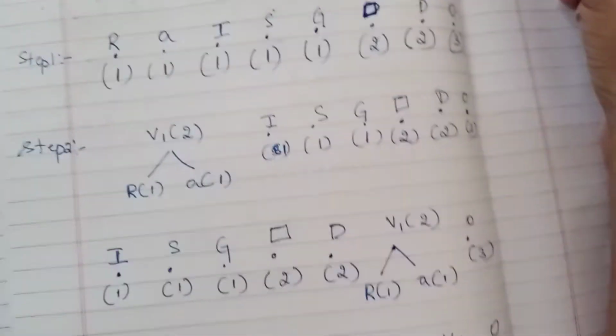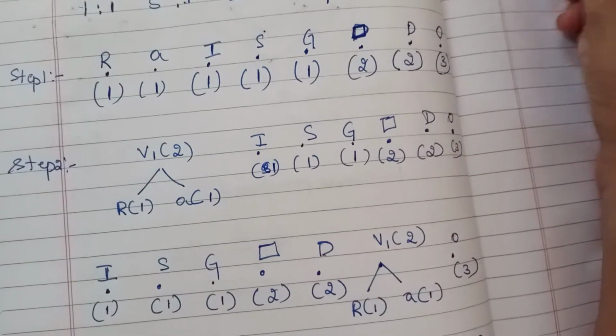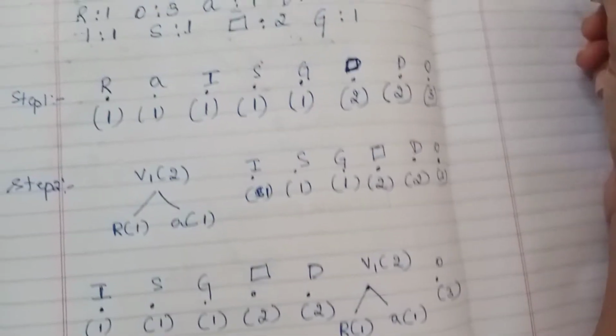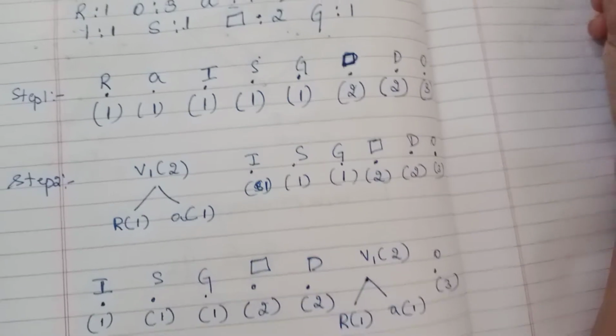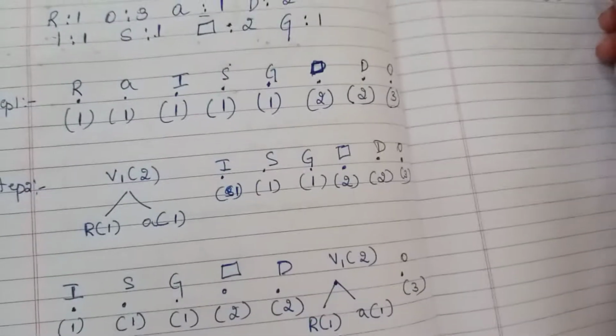If it is not, arrange them in ascending order. That means it becomes G of 1, blank space of 2, and D of 2.